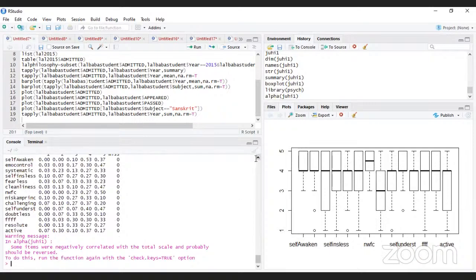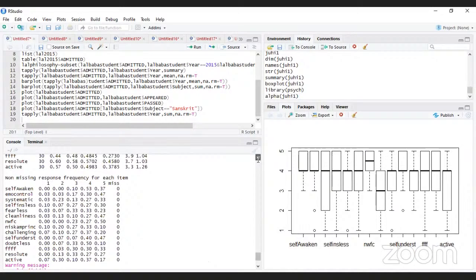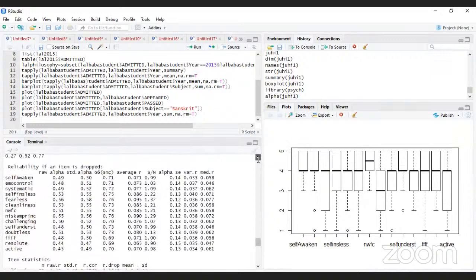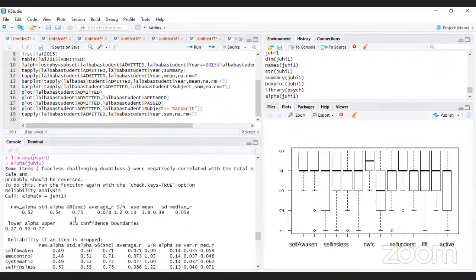If I do this, I find the Cronbach's alpha is 0.54. Is it clear to all of you? So this is 0.54. That means the reliability is moderate.